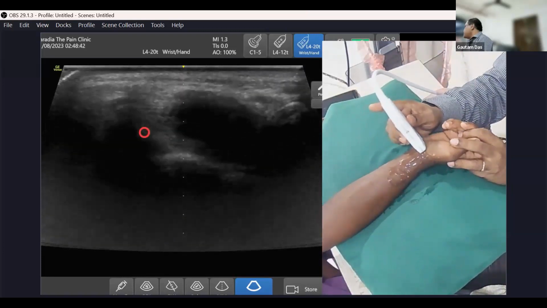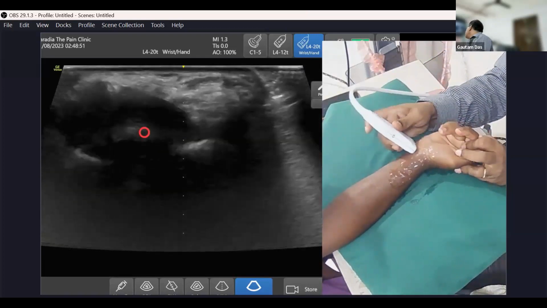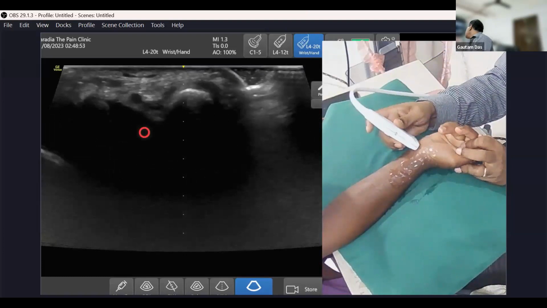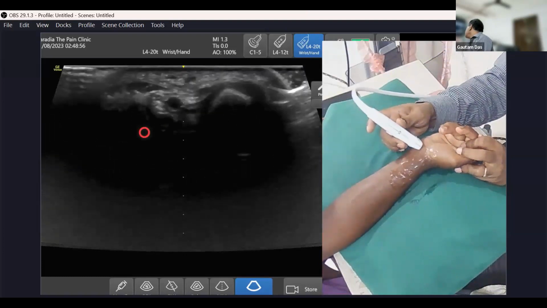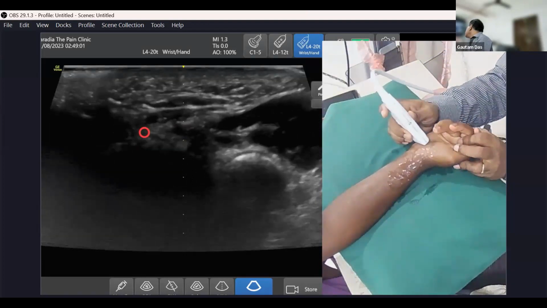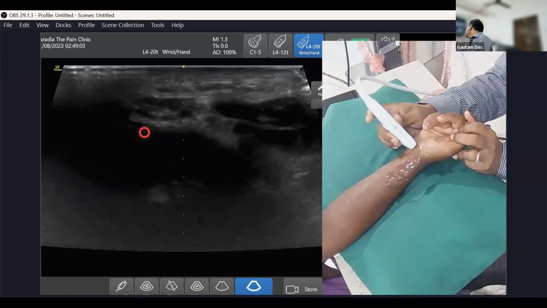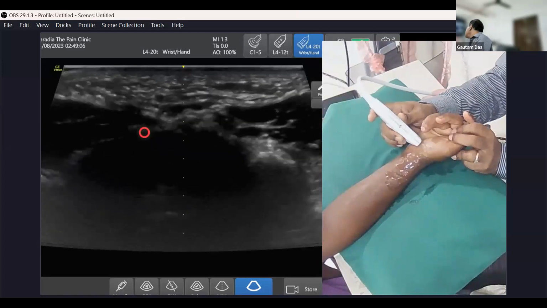Again, let me go back. Let me follow the ulnar artery. This was the ulnar artery in the middle of the screen. I'm keeping it, and then I'm going distally. Okay, so what bone is coming here? This bone is the hook of the hamate.